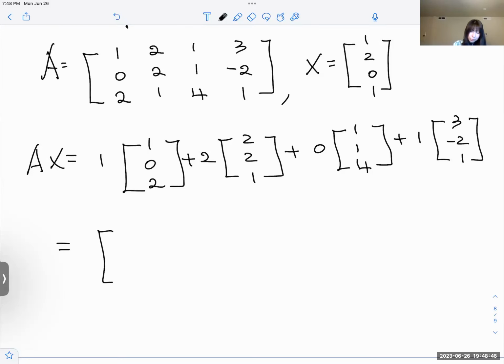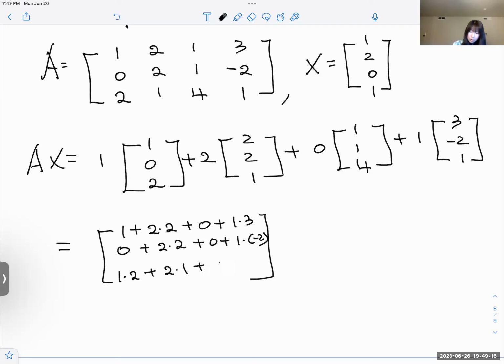So let us do it, can you please calculate? 1 plus 2 times 2 plus 0 plus 1 times 3, and 0 plus 2 times 2 plus 0 plus 1 times negative 2, and third row 1 times 2 plus 2 times 1 plus 0 plus 1 times 1, right?